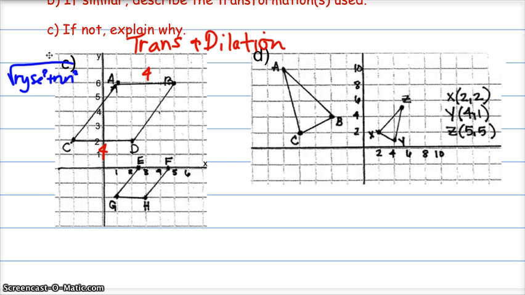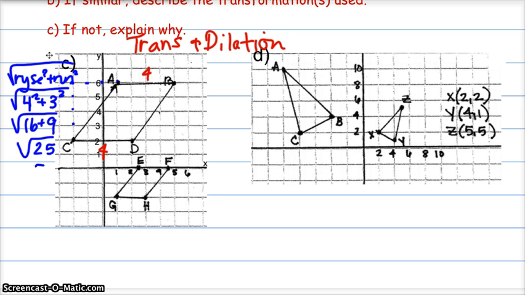So from C up to A, how many is it rising? 4. So 4 squared, how many is it running? 1, 2, 3. So 4 squared is 16. 3 squared is 9. Added together?